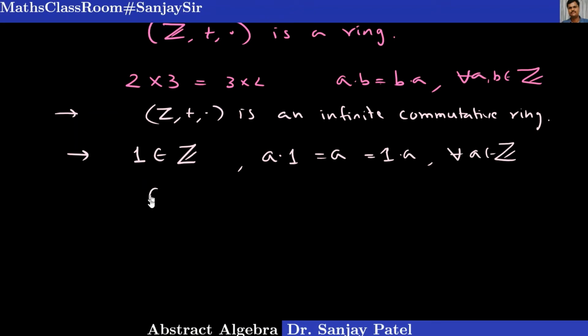So the Z plus dot ring has a unity element. Okay.